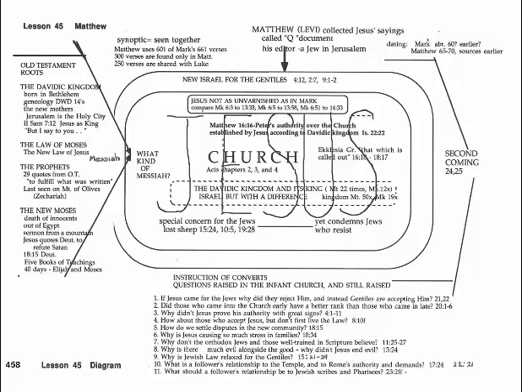We know that as a tax collector, he could write and speak both Aramaic and Greek, that he would have been a person who liked to collect writings, put things down in order, and so those bare bones are certainly here.